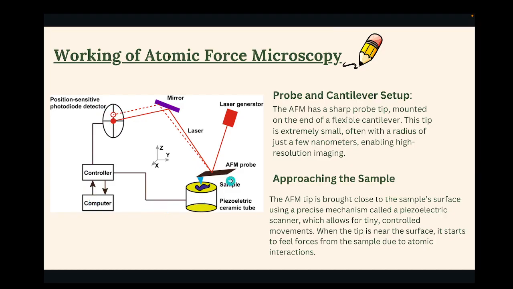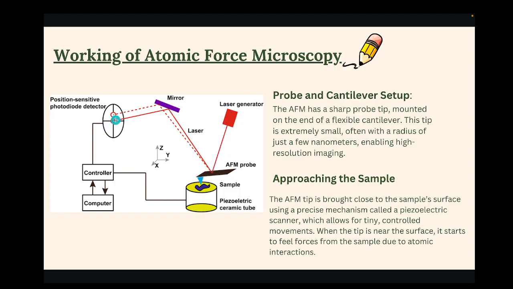So what happens is that the sample is kept on the piezoelectric tube. When the computer is set, the set point is set, and the tip starts moving over the sample. Through the interaction between the atoms, the cantilever moves, and that movement is recorded with the help of the laser, which gets deflected.